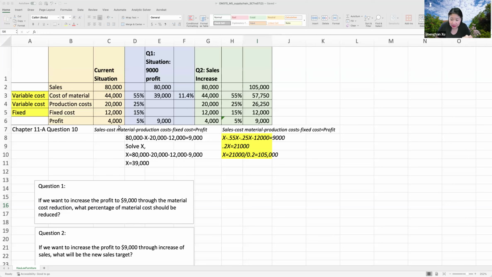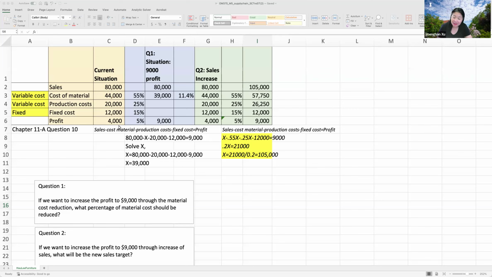Production cost is typically what we call the labor cost, okay? And this is also a variable cost, which means it changes when the production volume changes, right? The fixed cost is usually the cost associated with rent, building, insurance, administrative support, etc. Now, each company will have those administrative support functions, right?